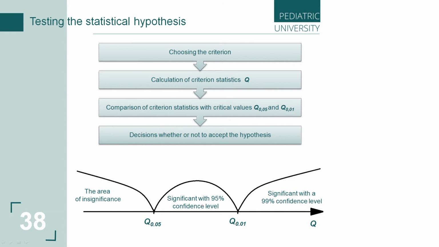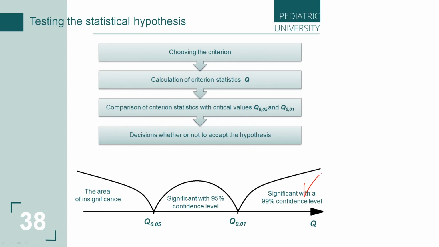If we are lucky and our value lies on the right side, then we say that the differences are statistically significant. That is, we accept the alternative hypothesis with a 99% confidence level.